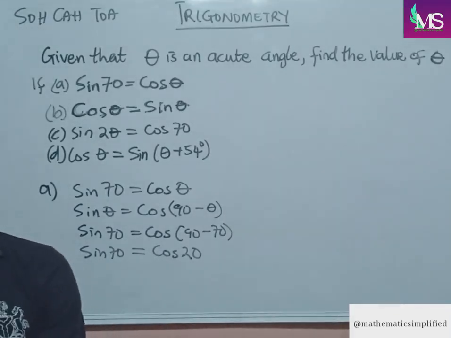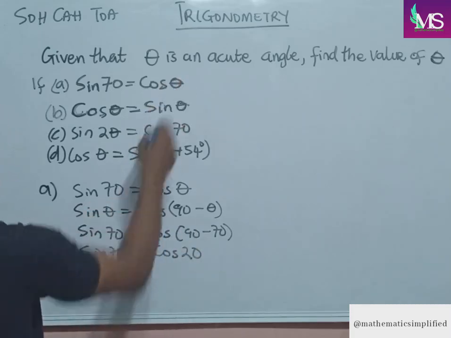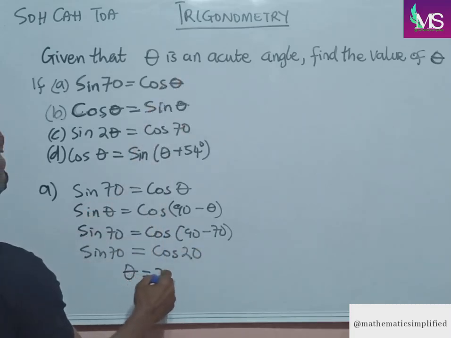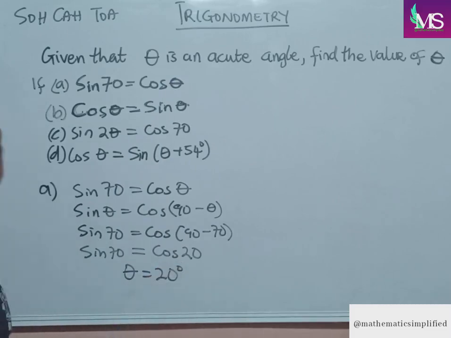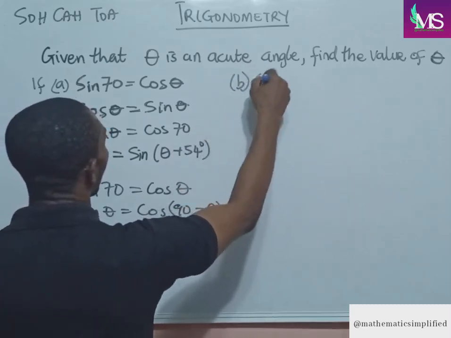Now looking at the B part, our theta here will be equal to 20 degrees. Looking at the B part, we have cos theta equals sine theta.